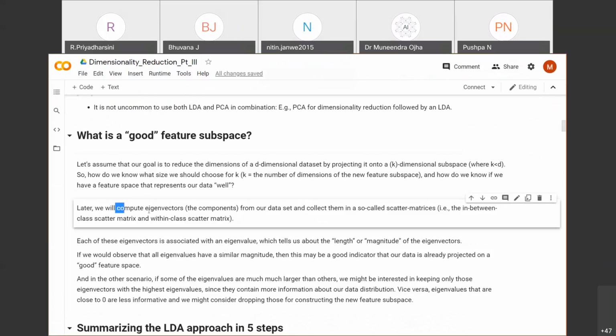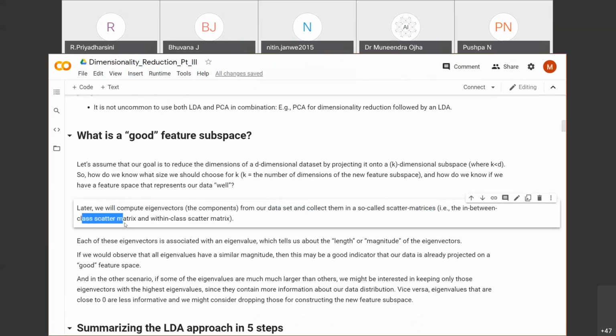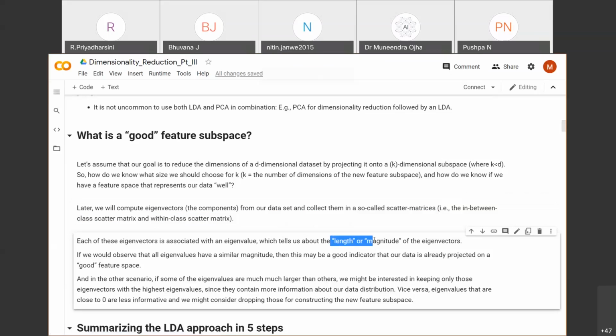So we will compute eigenvectors from our dataset and collect them in so-called scatter matrices. We will create two scatter matrices: the between-class scatter matrix and the within-class scatter matrix, kind of inter-class and intra-class scatter matrices. Each of these eigenvectors is associated with an eigenvalue, which tells us about the length and magnitude of the eigenvector.